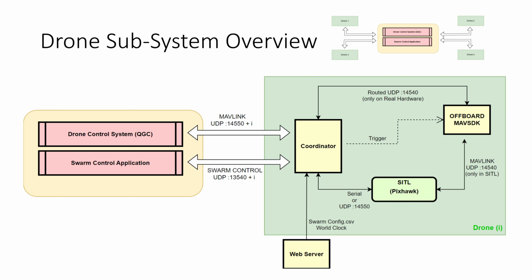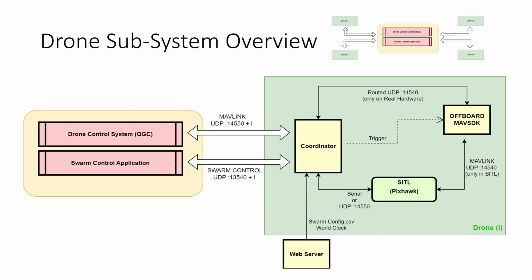It will get the trigger time from the ground control station, sync it with the world clock, and trigger the offboard MAVSDK application at the exact time. During the mission, the coordinator can also get the position and state of each drone and send it back to QGroundControl as well.